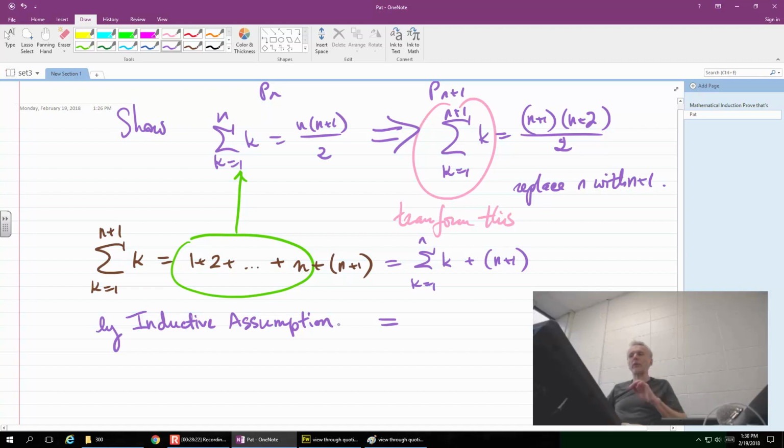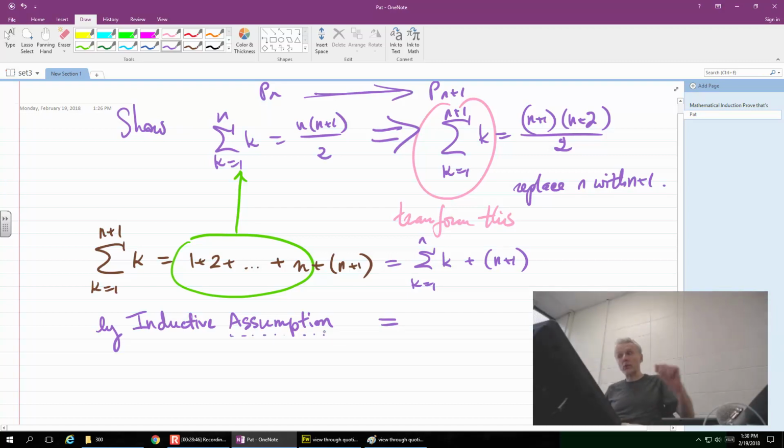So once again, we're proving Pn implies Pn plus 1 without actually knowing ahead of time that Pn is true. So we are only getting from A to B, that's all. Whether you can get to point A is beyond the point at this time. So we assume that Pn is true. That's where the word assumption comes from.